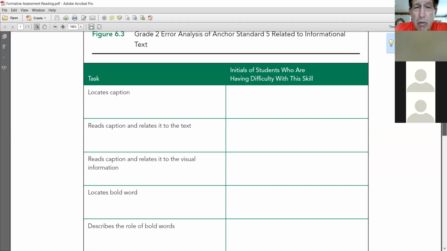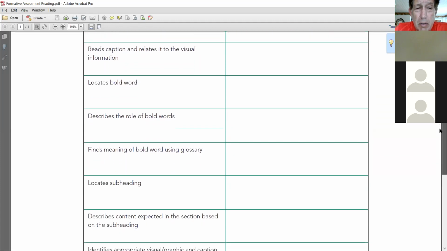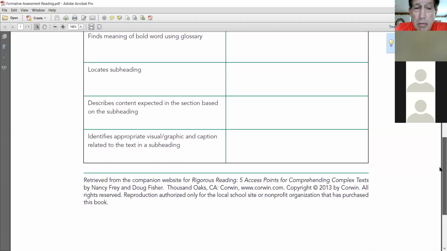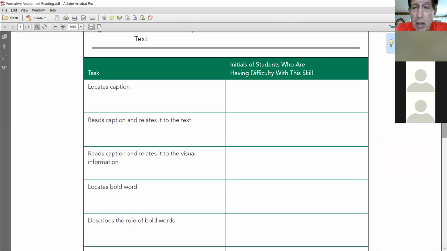As the students are working or you're working with the students, you have this right handy with you, and you can put down the students that are having difficulty with it. Okay, just giving you ideas for different ways to design formative assessments. So some stuff to think about now, when you're designing your unit and stuff like that.